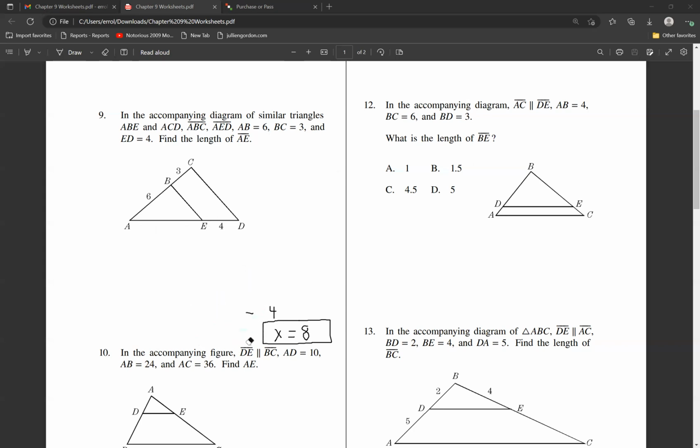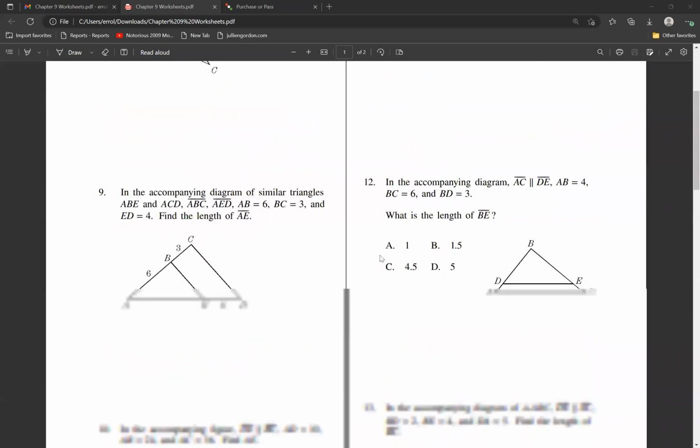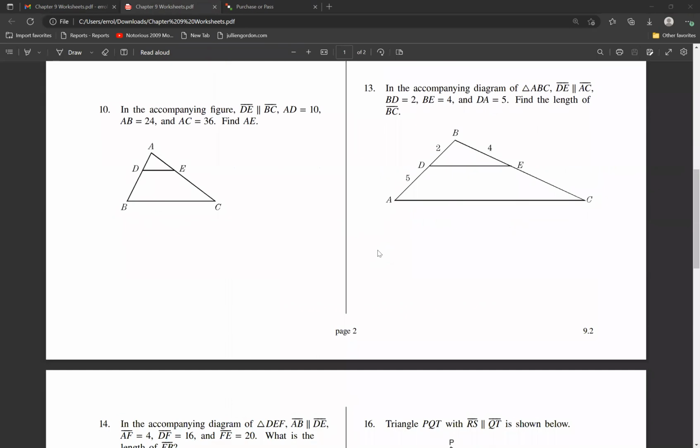All right, 10. How many questions do you have here? 2 pages? Okay. All right, we did 8, we did 9. Okay, what's 10? Tell me, what's the ratio? They're saying DE and BC are parallel.